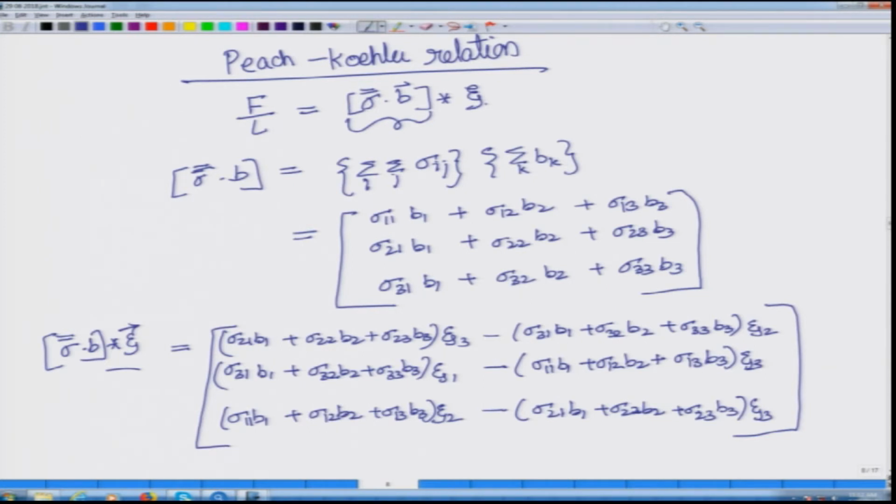For example, we had shown earlier that our line vector was 0 0 1, which means epsilon 1 and epsilon 2 become 0. So again, this will also turn out to be 0, this 0, this 0.